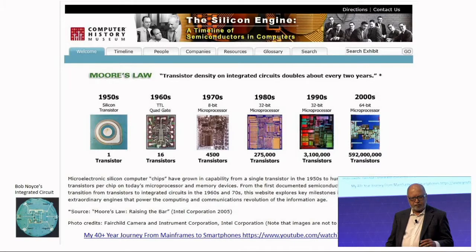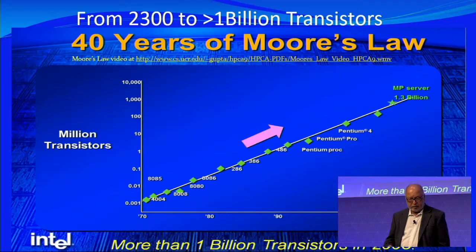But the other important thing that happened along the way was the invention of the integrated circuit. Bob Noyce at Intel and Jack Kilby at Texas Instruments invented the integrated circuit at about the same time. And I was lucky enough to meet Jack Kilby when I first started working in 1973.